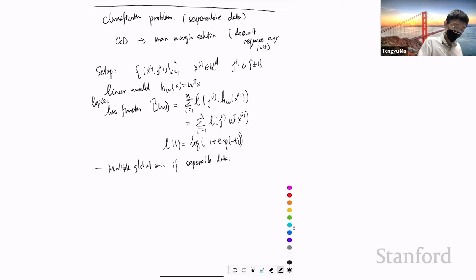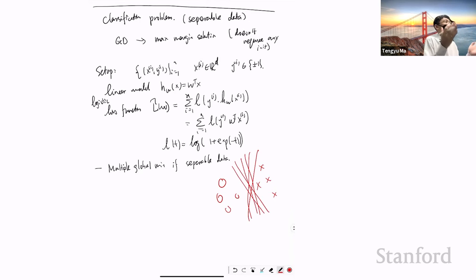For example, it's probably easier to draw something. Suppose you have some data points like this, and you have so many different possible separators. As long as you have one, if you perturb it a little bit, it's still a separator. So there are infinitely many W such that W transpose x_i y_i is bigger than 0 for every i.